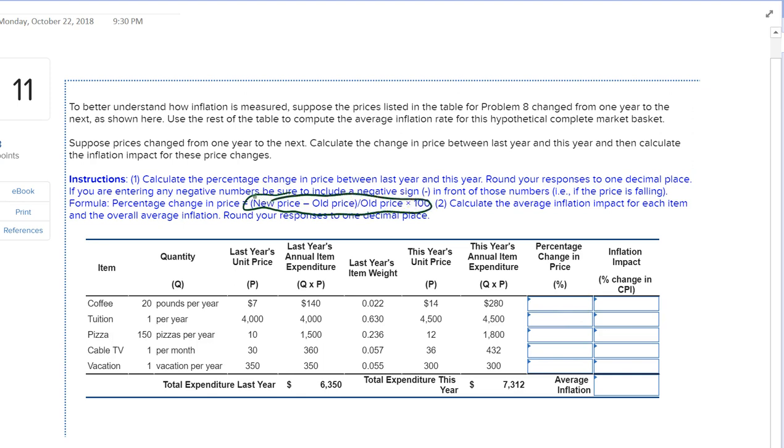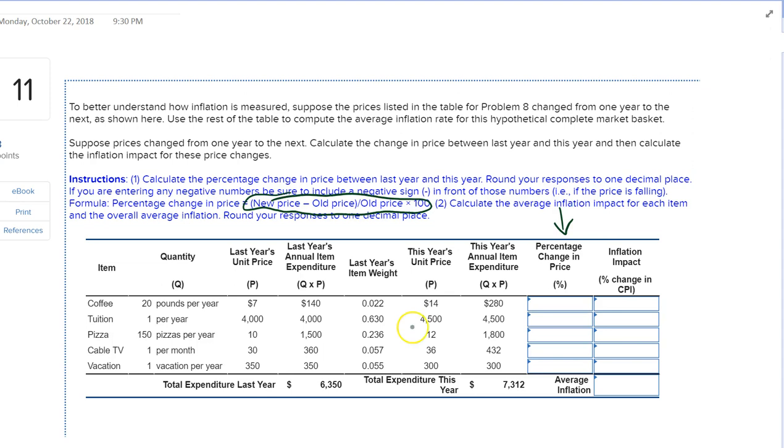New minus old over old times 100. So we'll calculate that for this column, I should say. And then the average inflation impact is going to be basically the weight of the percent change on the price. So I'll show you what that looks like as we calculate it.